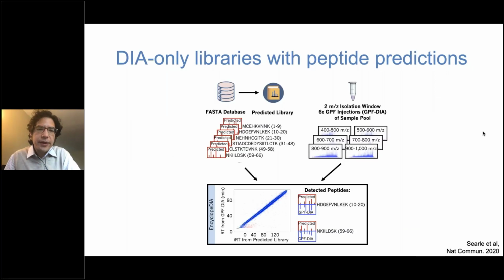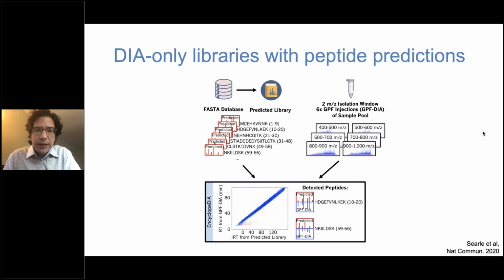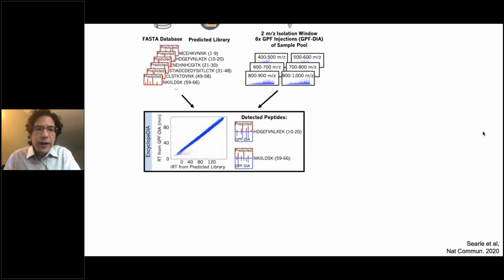So the strategy is you would take a FASTA database and generate a predicted library using a Prosit tool like the one that Nick provided. Then you would take your 2 m/z wide isolation gas phase fractionated DIA library sample sets and search these, where it's very easy to detect these peptides because they're very easy to see in these experiments.